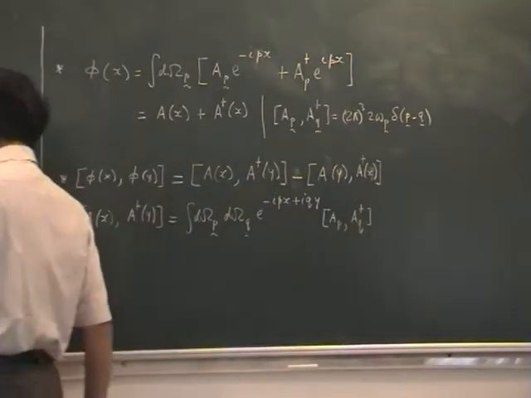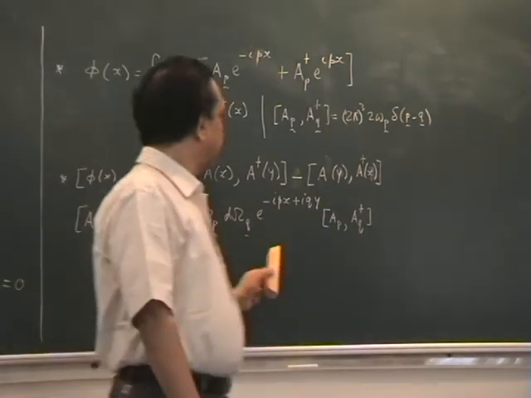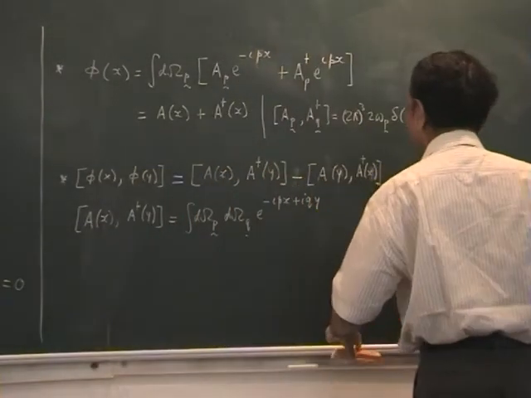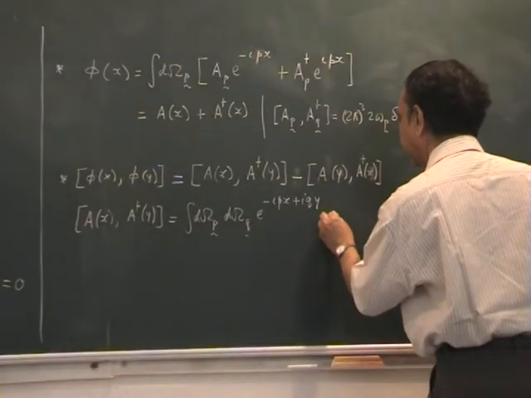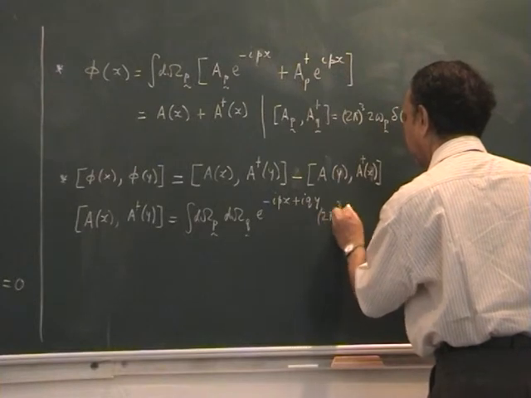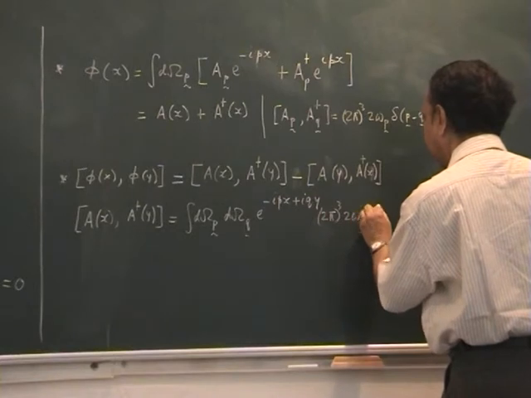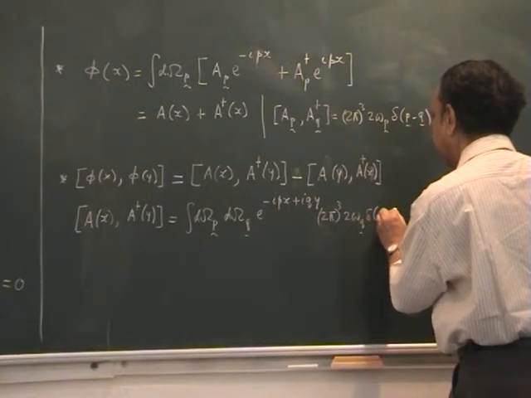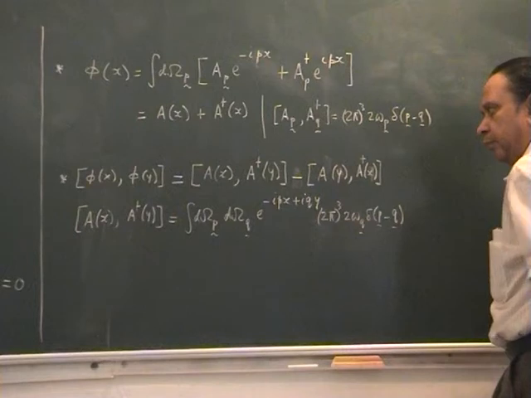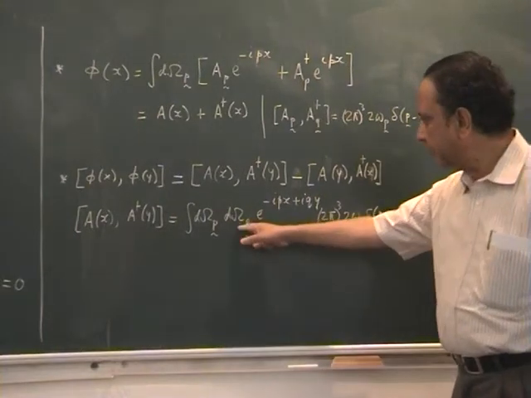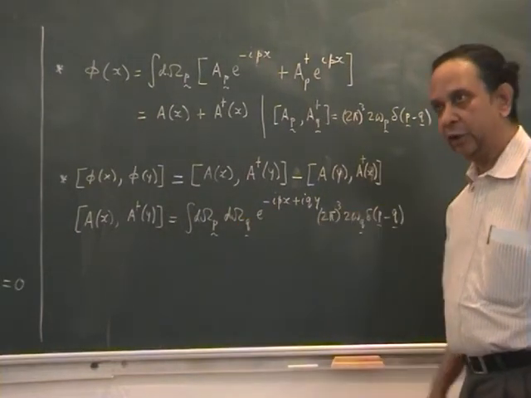So let me replace that. So I get 2 pi the whole cube, 2 omega q, let us say, it doesn't matter if it is q or p, p minus q. Now I am going to do the integral over this d omega q.